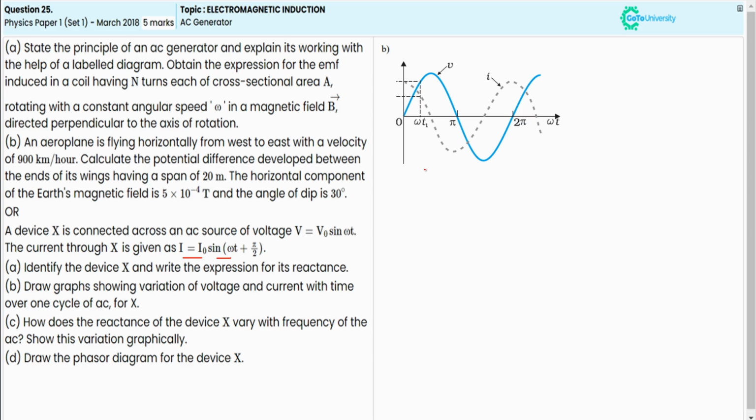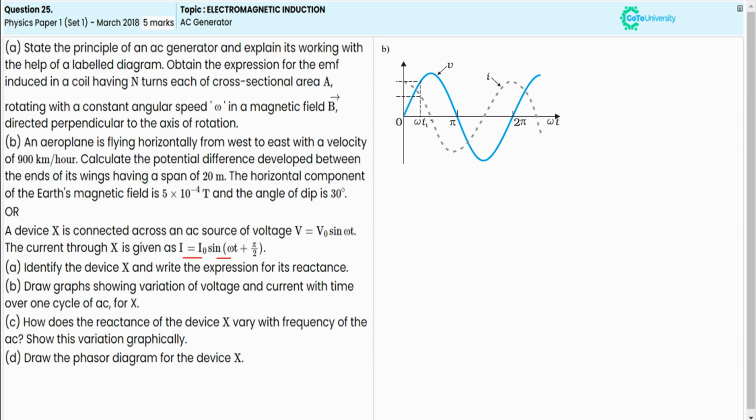Right. Then at time t = 0, V = 0. Then the blue line indicates the voltage and this is the current I. This is the current. Right.